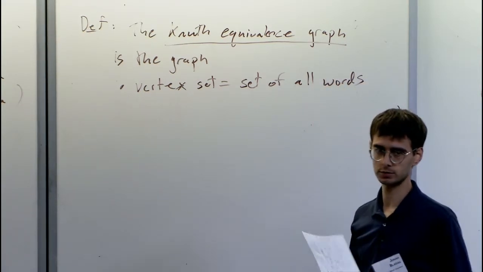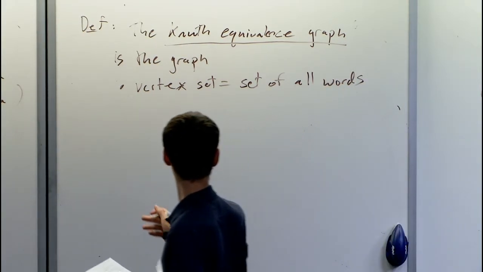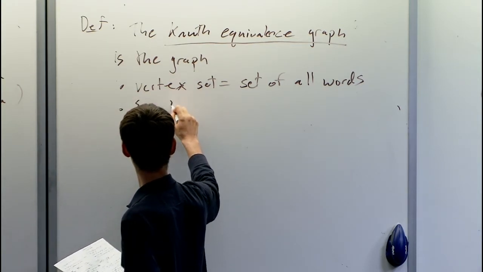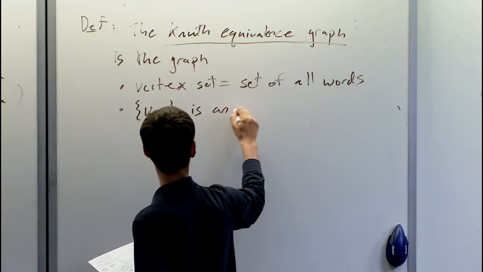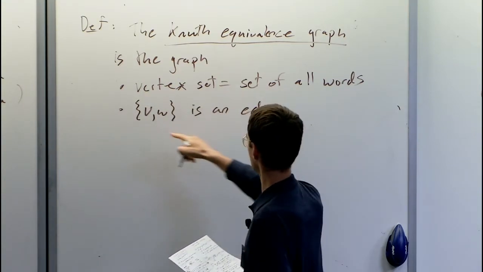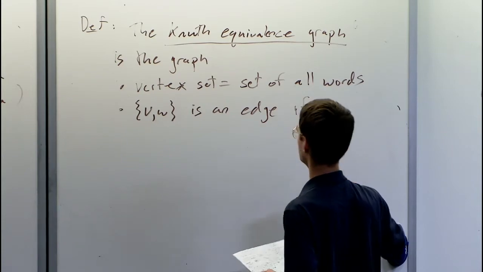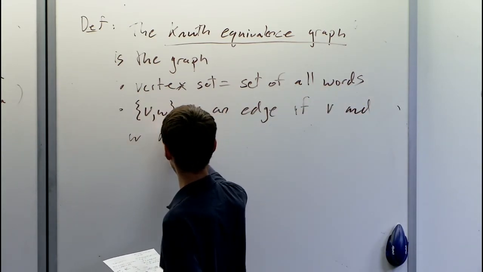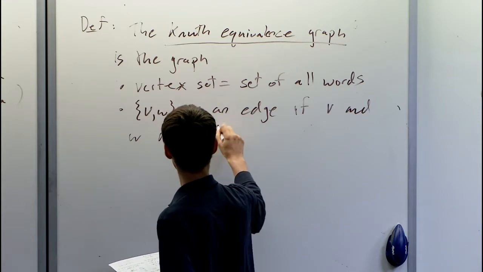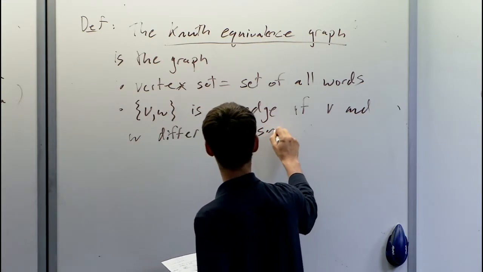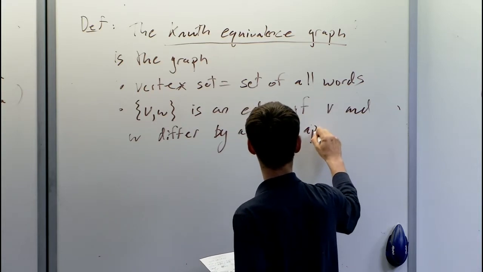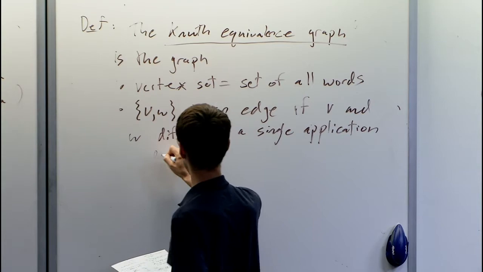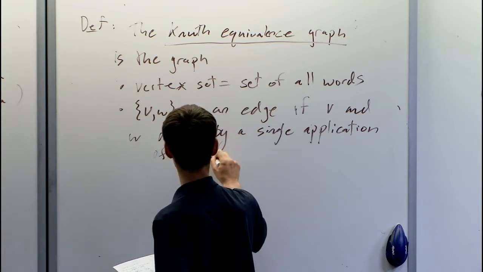Maybe later we can take some natural subset of words, but for now let's just say the set of all words. And then we'll say that VW is an edge between two words if V and W differ by a single application of a Knuth equivalence relation.